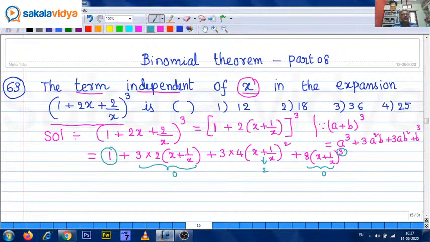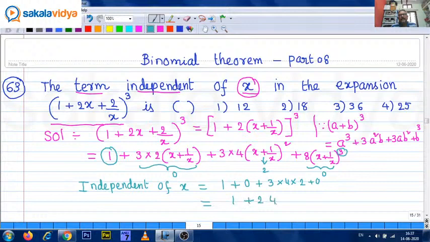So independent of x equals 1 plus 0, plus 3 into 4 into 2, plus 0. This will be 1 + 24 = 25. That means the fourth option is the right option.